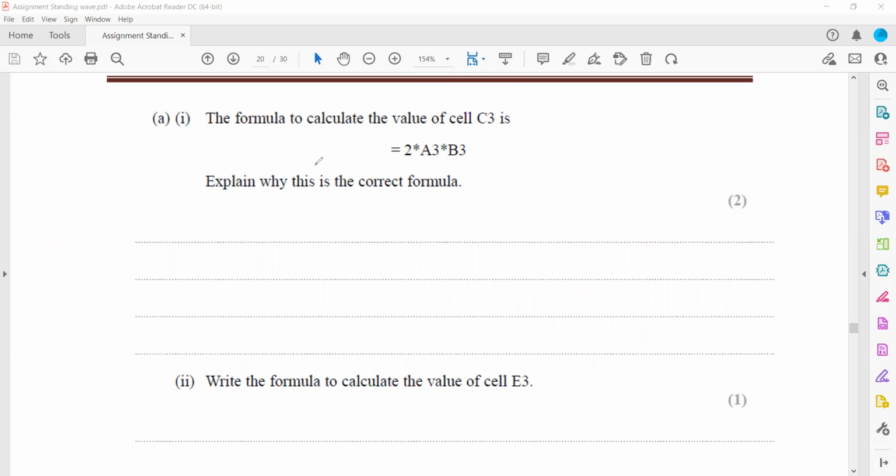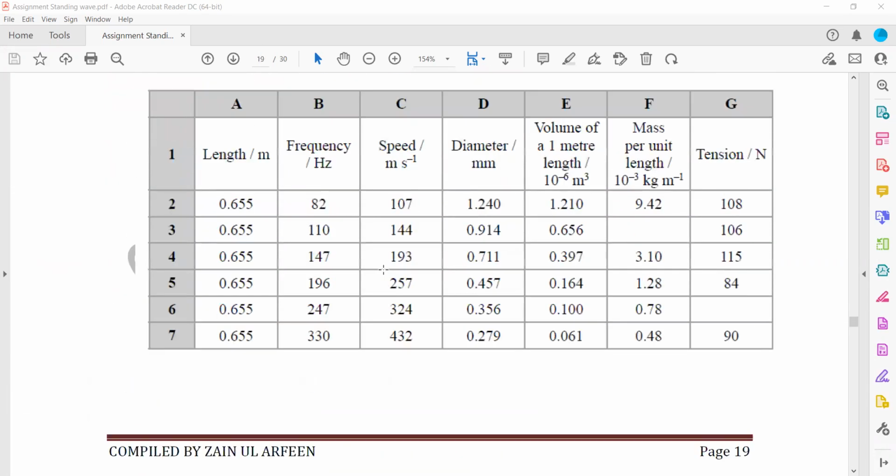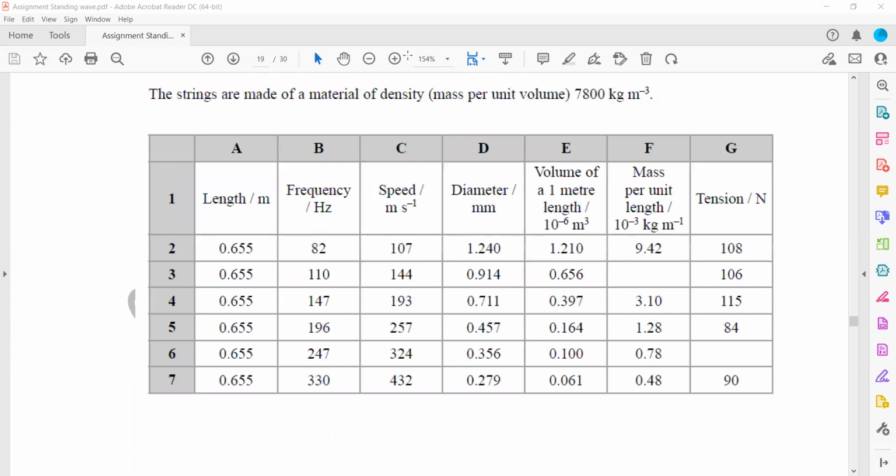So first we'll check what E3 is and then we'll try to figure out the formula. Cell E3 is basically the volume of 1 meter length. How can I calculate the volume of 1 meter length?